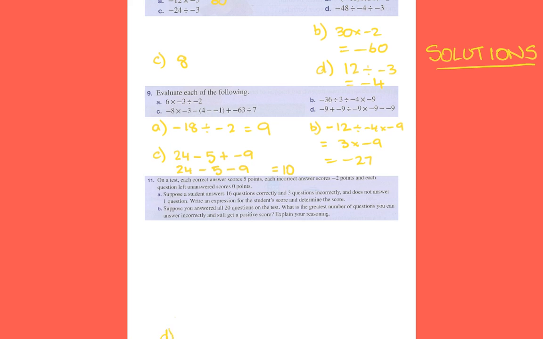The last one we'll do down the bottom of the page here. We've got to do that division first, then the multiplication, and then we can do the additions on either side. And so our answer is negative 9.